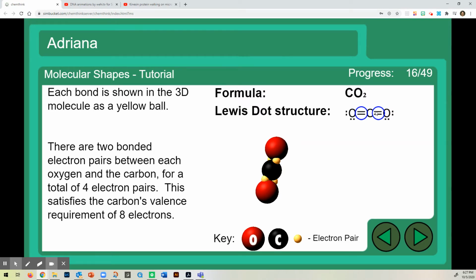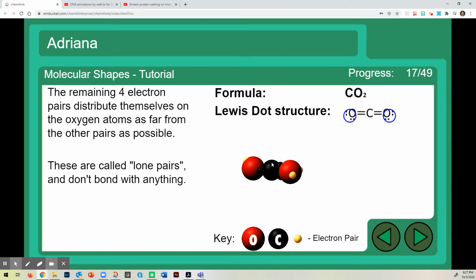So there are 2 more bonds, and then finally another oxygen atom at the end. Now we're missing our lone pairs, so let's see what that looks like. Here we go. Now it's pointing out the lone pairs, and we see that each oxygen atom should have 2 lone pairs.